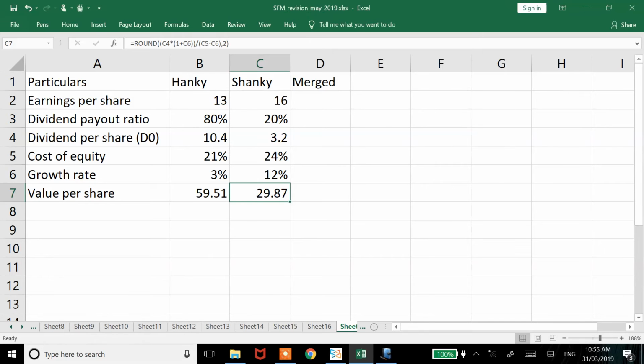So 10.4 into 1 plus 3% divided by 18%. And 3.2 into 1 plus 12% divided by 24% minus 12%.